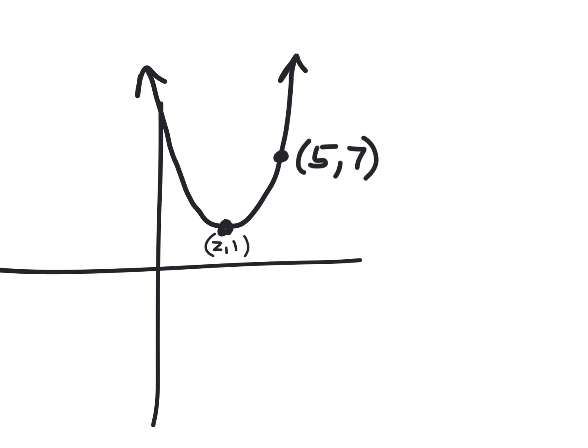Five comma 7. Actually, sorry, 7 comma 5. Switch them. 7 comma 5. I'm just trying to make it match my picture. It looks to me like it's over more than it's up. So, okay, this is going to have a crazy stretch factor.